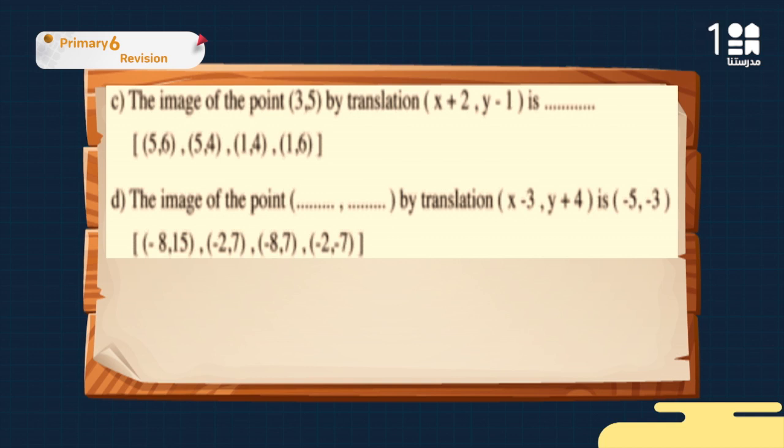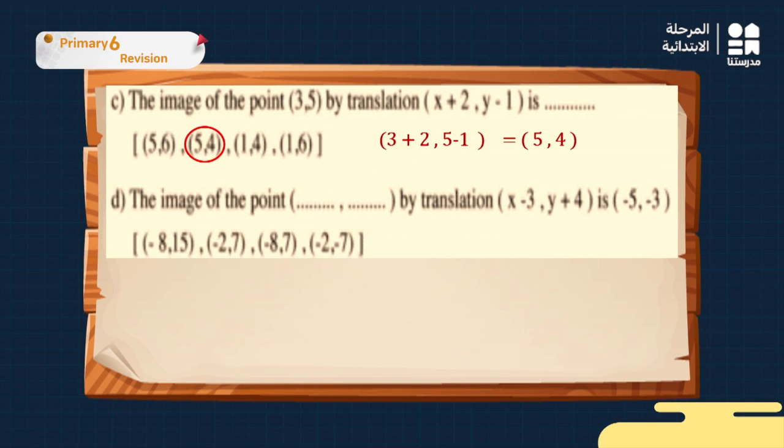So I will take the x and put its value in place of it. I will write it as 3 plus 2, and for y it will be 5 minus 1. 3 plus 2 equals 5, and 5 minus 1 equals 4. So my right answer will be 5 and 4, so I will choose 5 and 4.